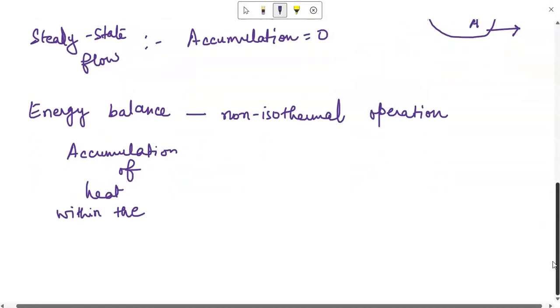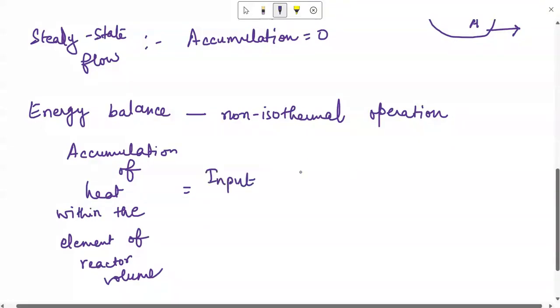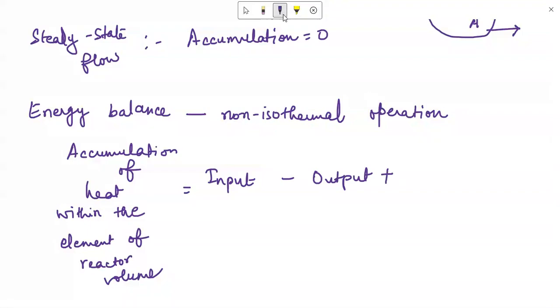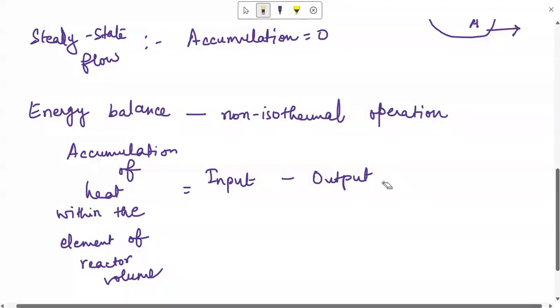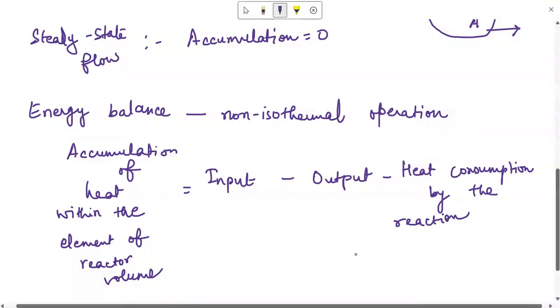Instead of writing system, I'm going to write the reactor element of reactor volume, equals input minus output, minus heat consumption by the reaction, plus heat generation by the reaction.